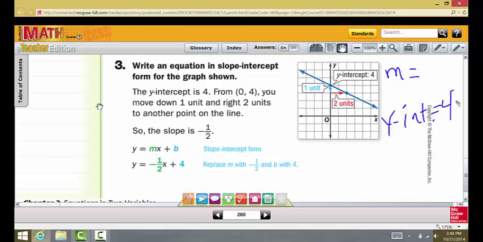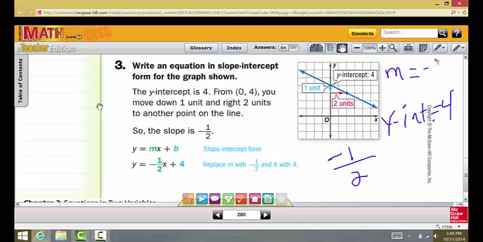The next thing we can do is we can start at this point right here and travel down to this point here. So when we do that, we're going to start right here, we're going to count down 1 unit as is shown right here, and we're going to count over 2 units as is shown here. Okay, so when we count down 1 unit and over 2 units, remember counting down 1 unit is a -1.